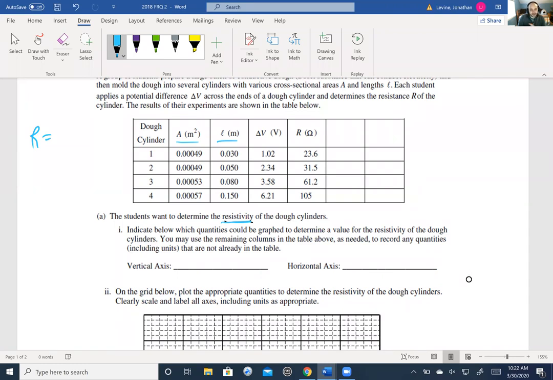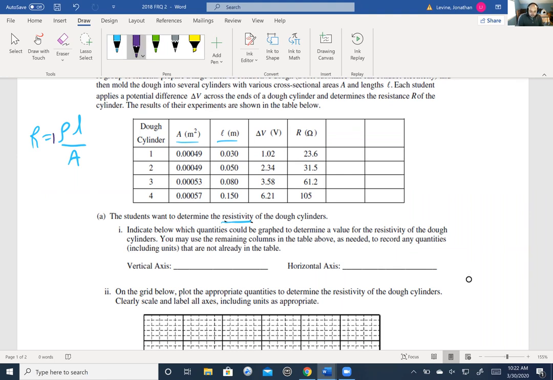I know this is a circuits question. I'm still going to go through it, even though technically this is not covered on this year's exam, because the process of solving the AP question is still important, and there's still some good skills to be learned. But it says R is equal to rho L over A. This is our equation for the resistance of a material, where rho stands for resistivity.